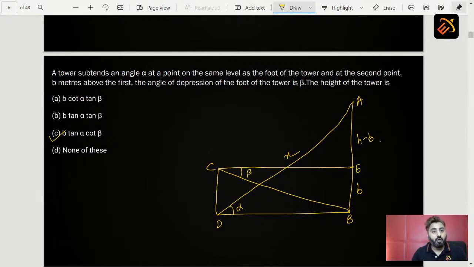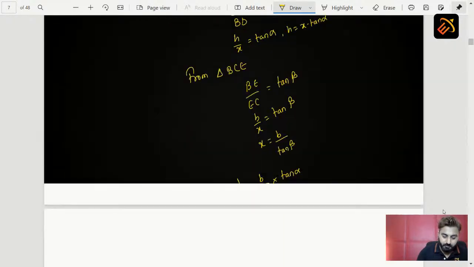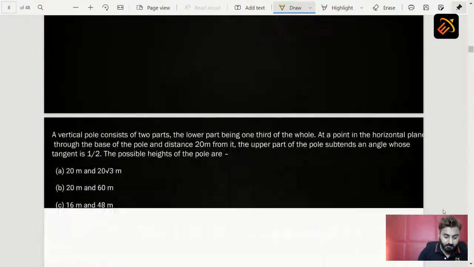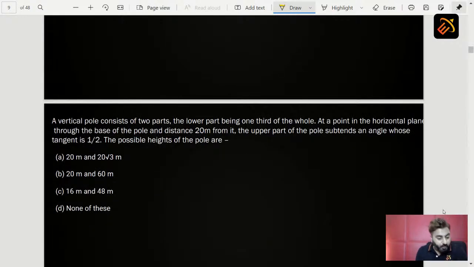Our next MCQ is what? A vertical pole consists of two parts, the lower part being 1/3 of the whole.